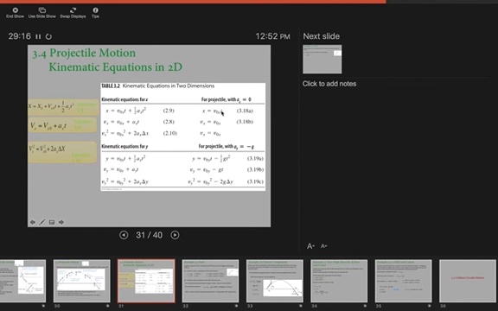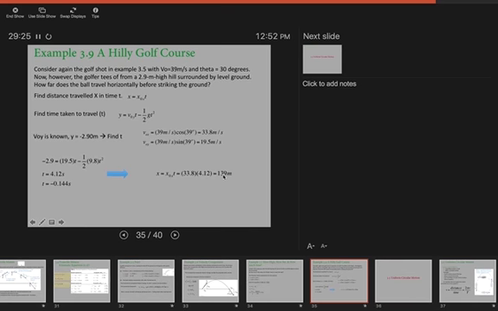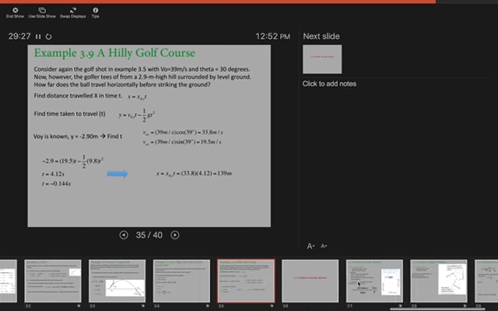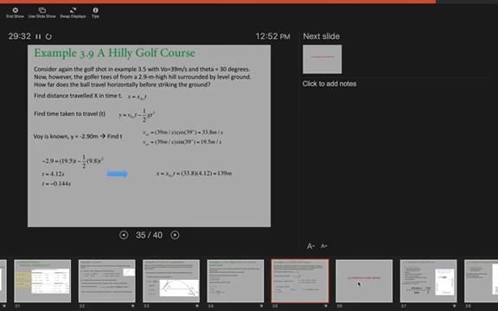The t is 4.2 seconds in total. So all I do is plug into this equation: x equals v naught x times t, and I get 139 meters. This is what you really had to know.